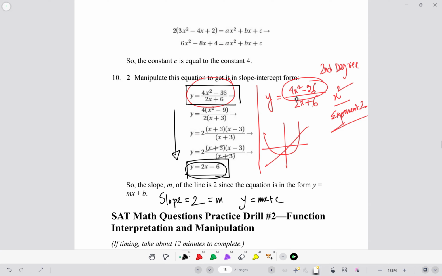So your answer is correct. You gave me the correct answer, but they're taking some common factors and simplifying it, and after that, they get this answer.